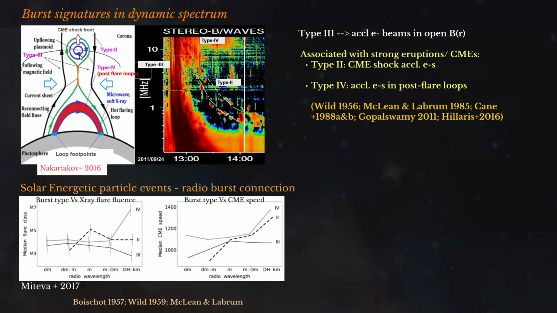If like I mentioned, this is band limited because it's basically coming from the accelerated electron beams which are trapped in these arcades, but they do also go up, right? They can be in the plasmoids, and in those cases you see the same band, because it's also having a height scale.